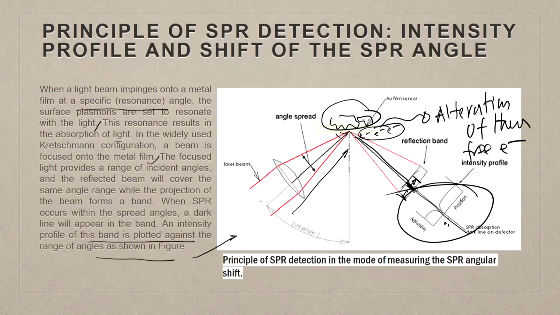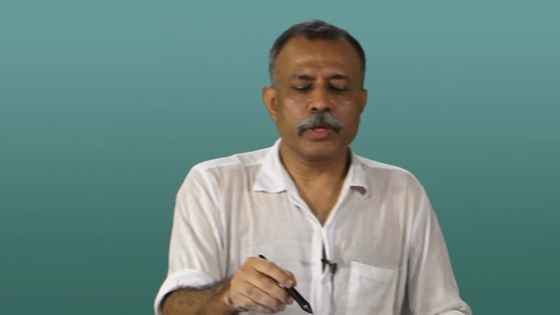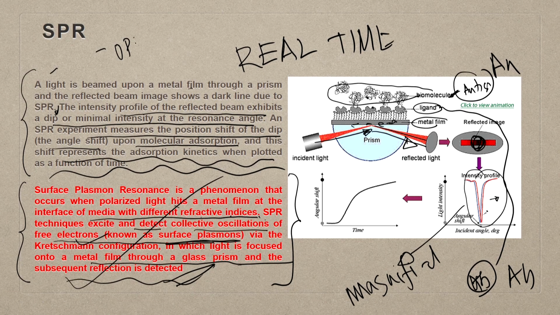But having said this, you have to realize this kind of setup requires a lot of protection from the surrounding noises. So it means they have to be on vibration isolation, they have to be ensured, and you need very extraordinarily good optics.